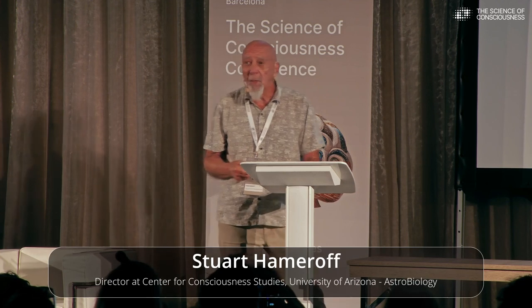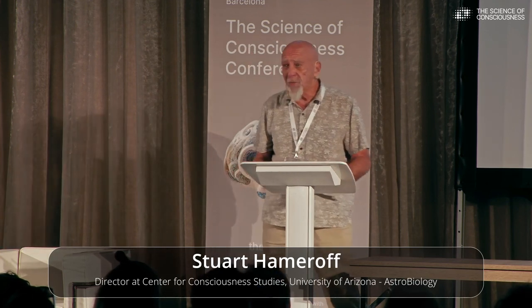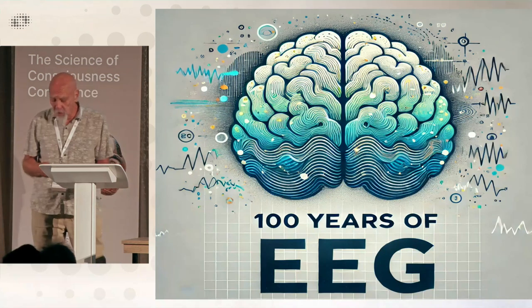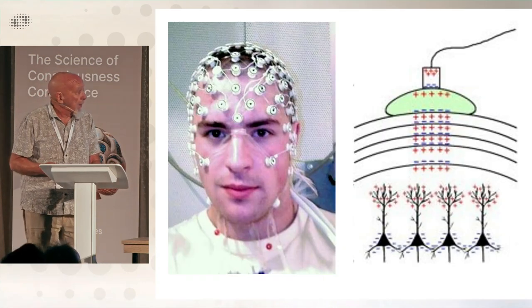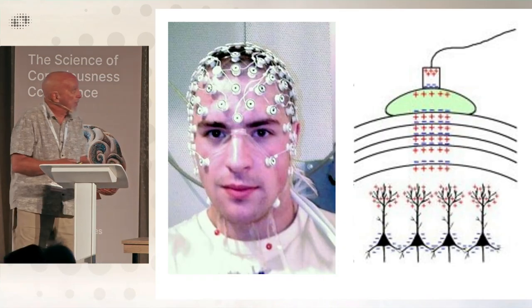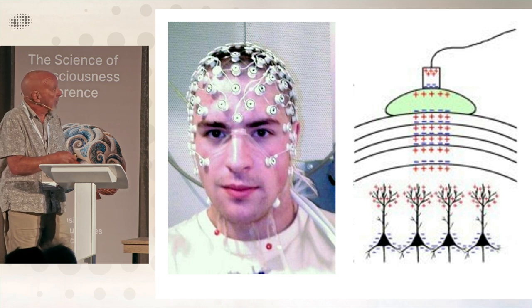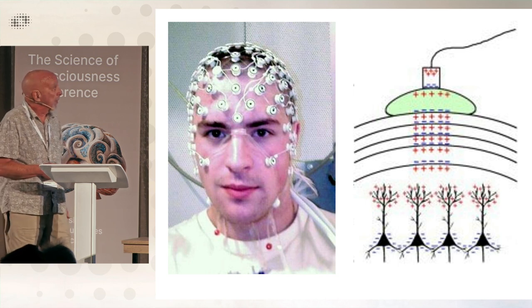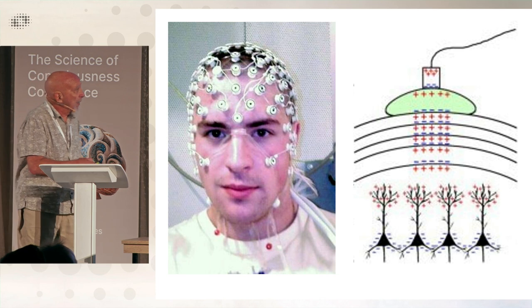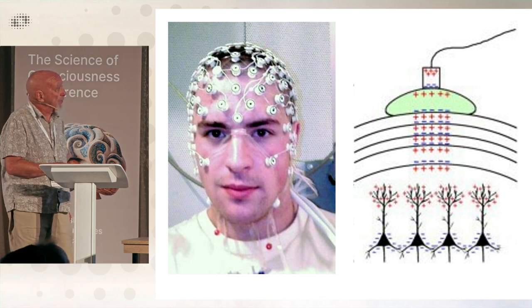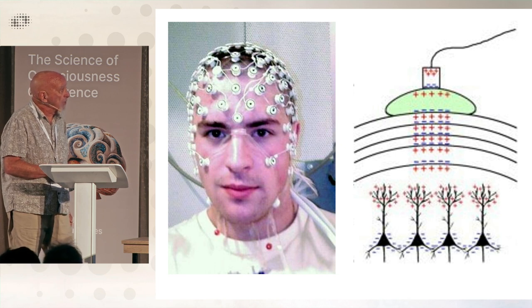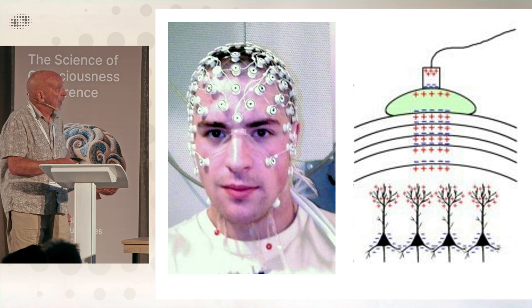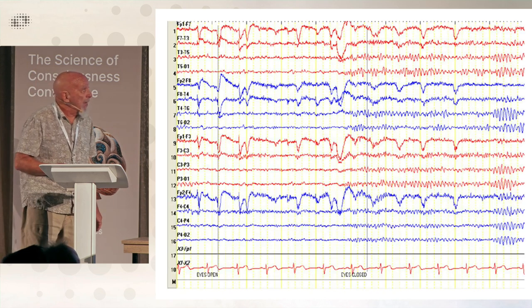So we're celebrating 100 years of EEG since Hans Berger, and it's been very useful and clinically utilized. And here's a picture. I think this guy's been around a lot in every Wikipedia entry on EEG. And we know that EEG comes from pyramidal cells in layer 5 of cortex, specifically the apical dendrites, and these are right at the scalp, and we get a bunch of squiggly lines like this.